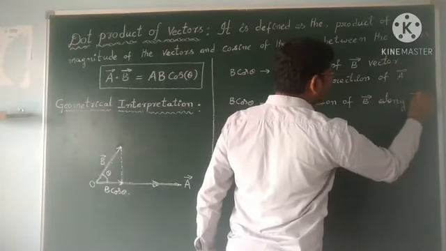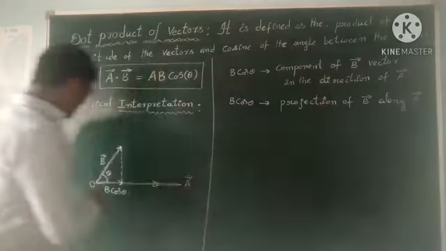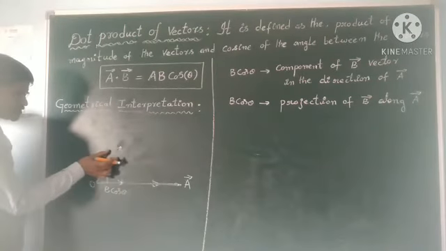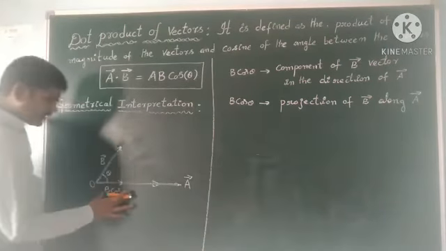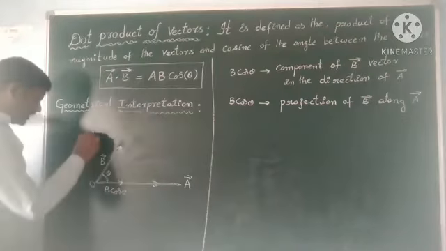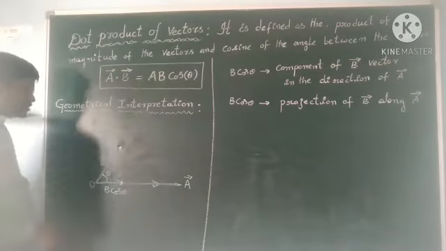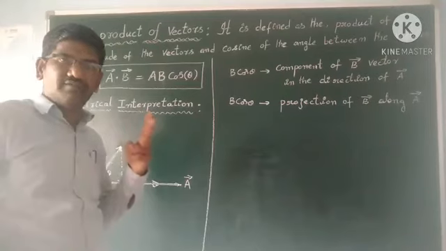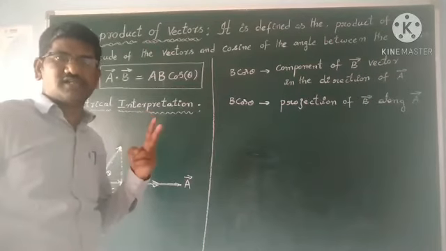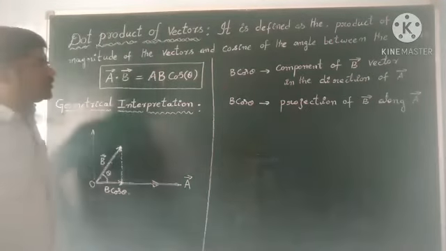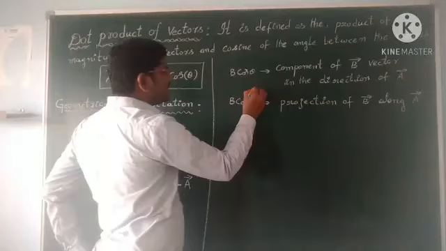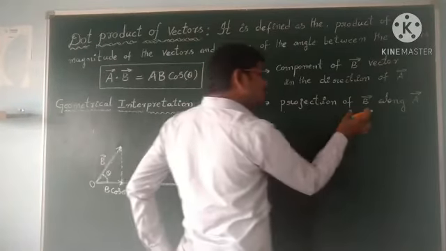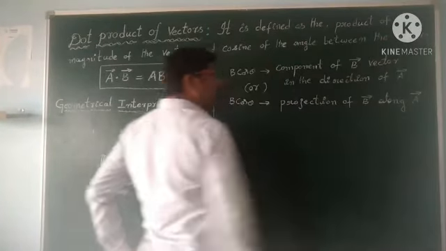It is a vector lying in the plane, so it will have some component in this direction and some component in this direction also. You can resolve it into two components. This we have discussed in the resolution of a vector. So students, B cos theta is the projection of B bar along A bar.